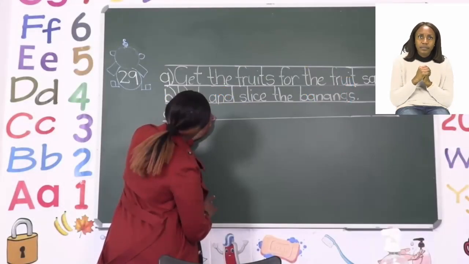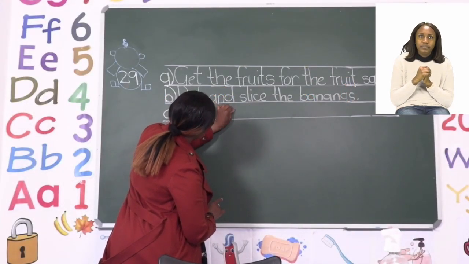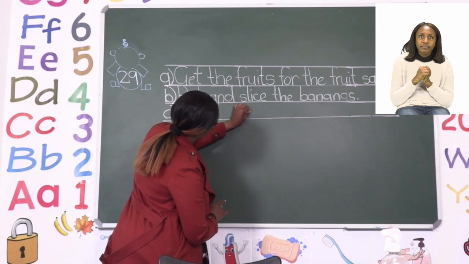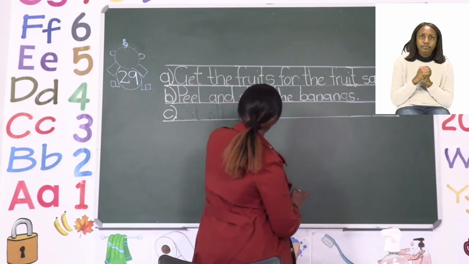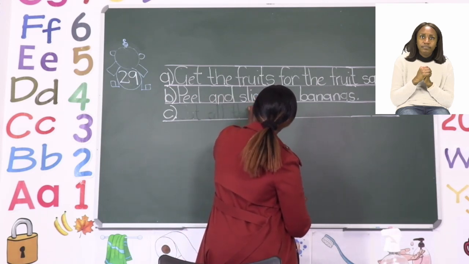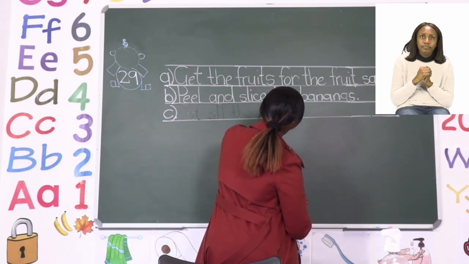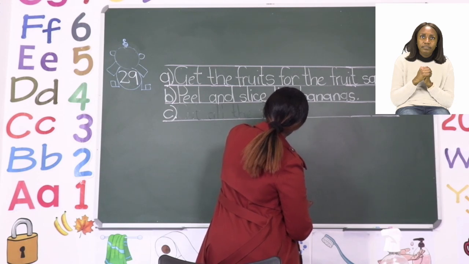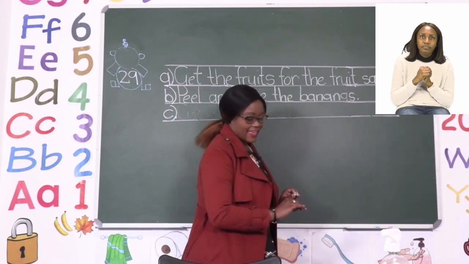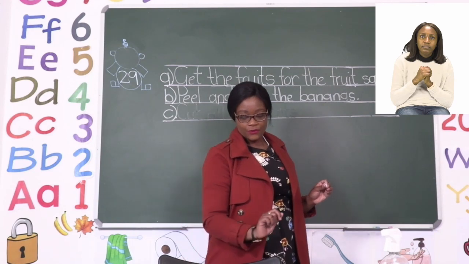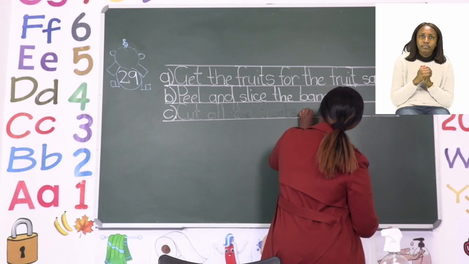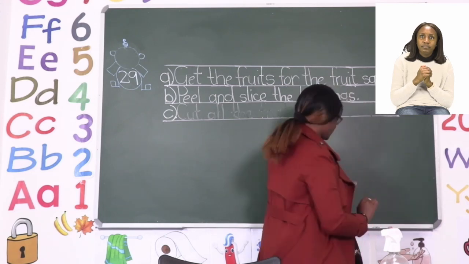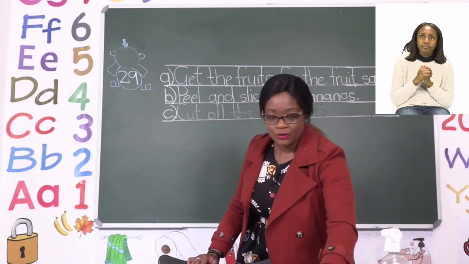Cut, then all, cut all the fruits. Make sure you shape your letters, boys and girls. Cut all the fruits. And then we say cut all the fruits into, don't forget the head of the i, into, now I need to change my chalk because it's finished.